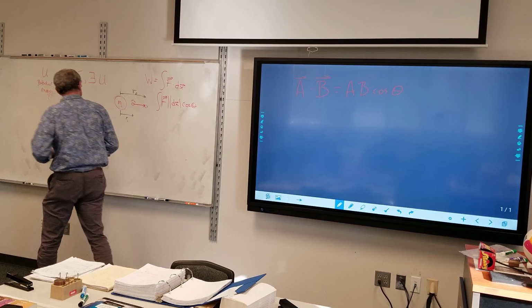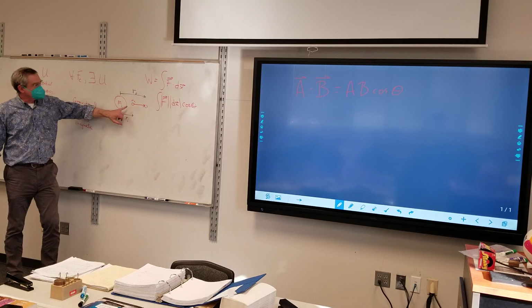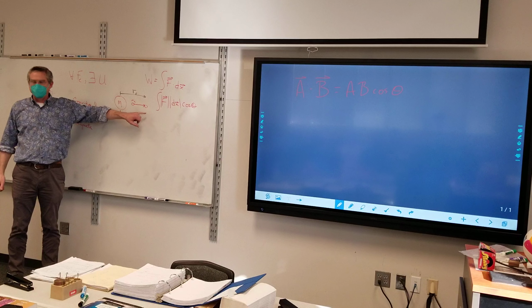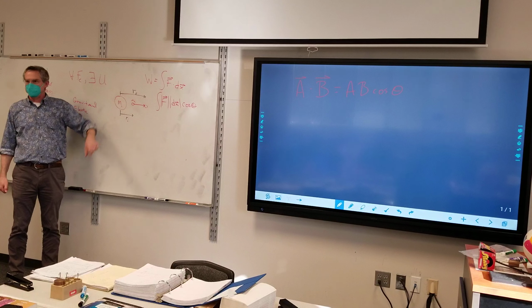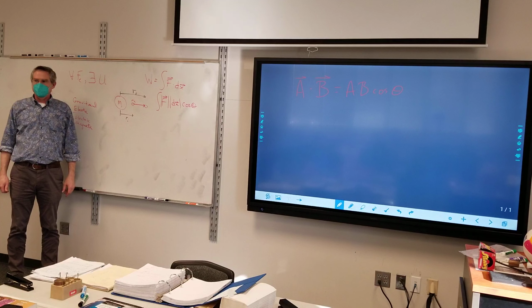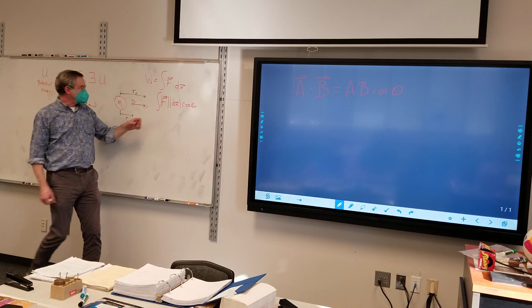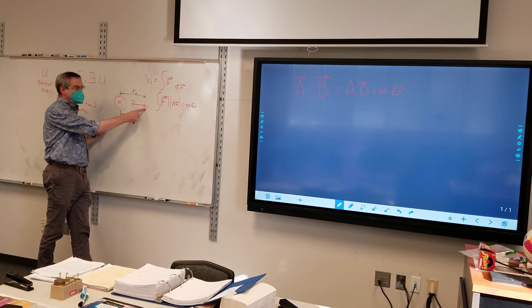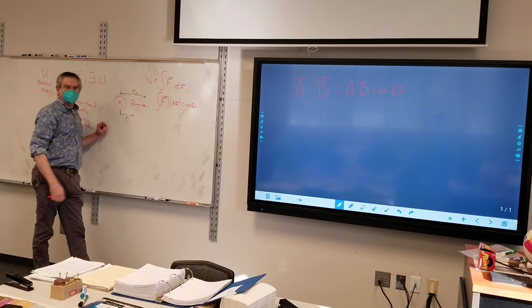That's in polar form. So as this mass is going from r i to r f, what is the direction of my differential? To the right.